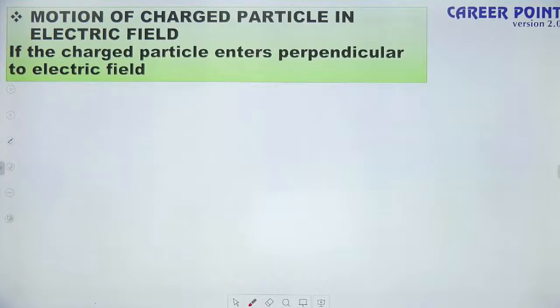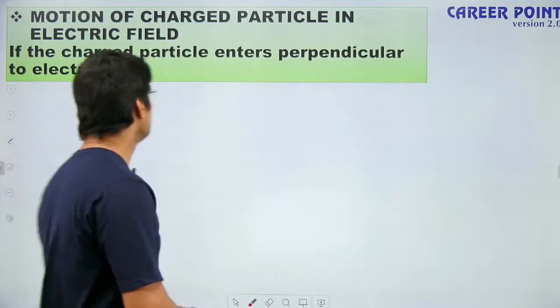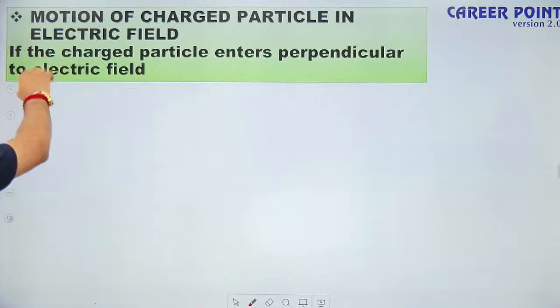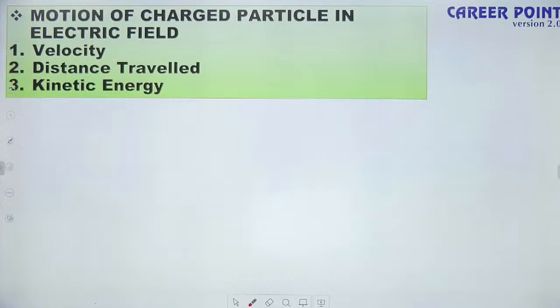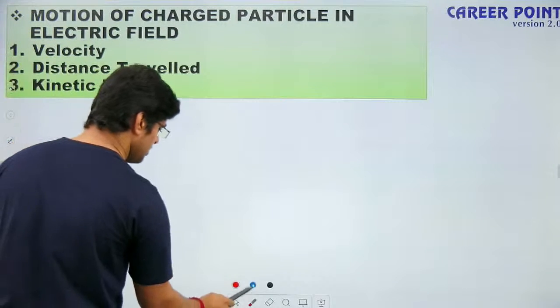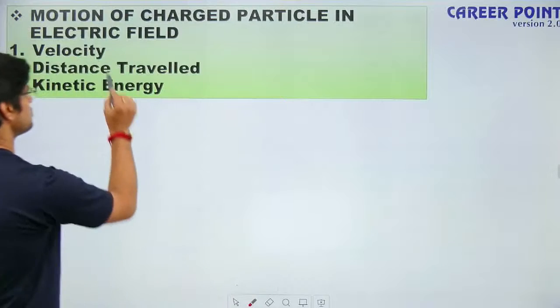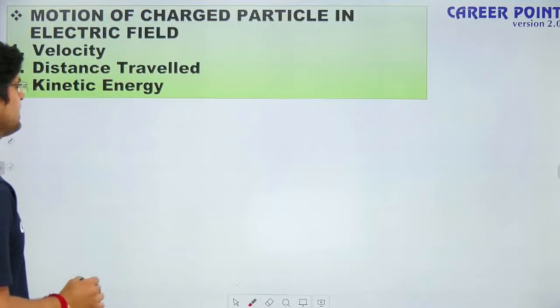No problem. Let's proceed further. Motion of a charged particle in electric field, and we will mention velocity, distance travelled and kinetic energy of the particle as well. How are we supposed to write about the motion of a charged particle in electric field?